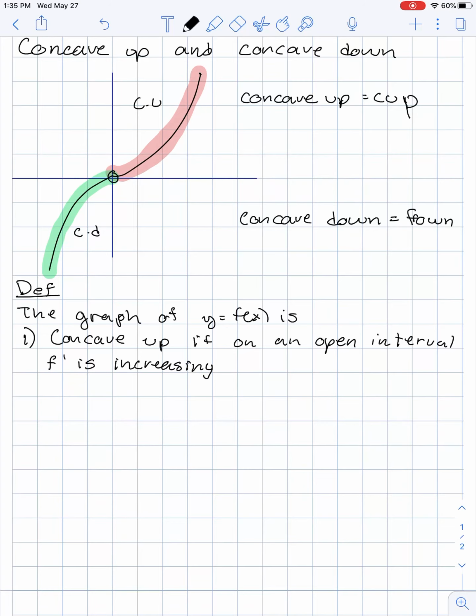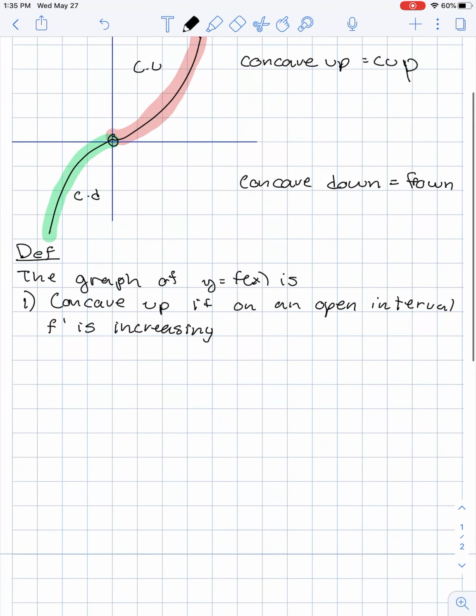Well, we learned last chapter that if f prime is increasing, its derivative is positive. So that means that f double prime is greater than 0.